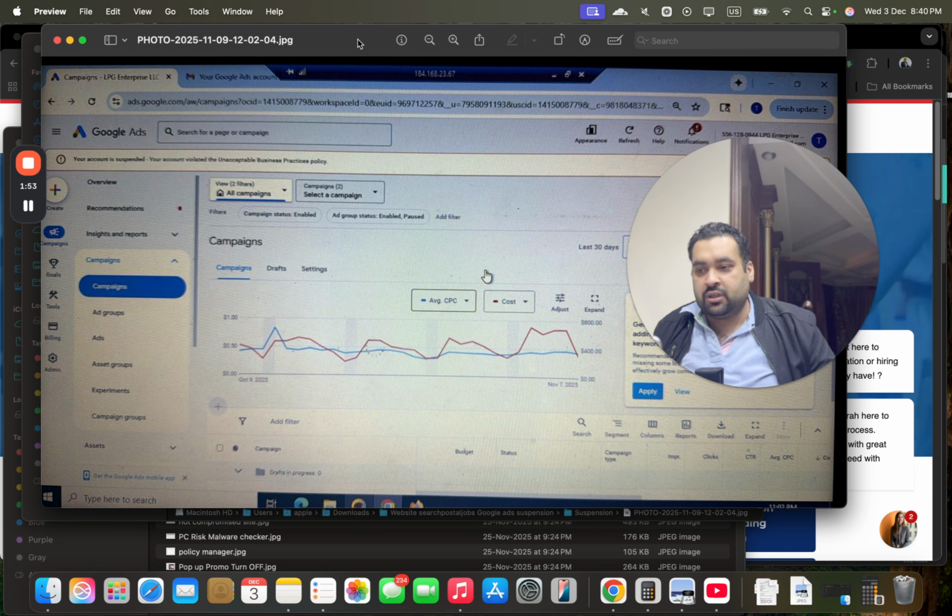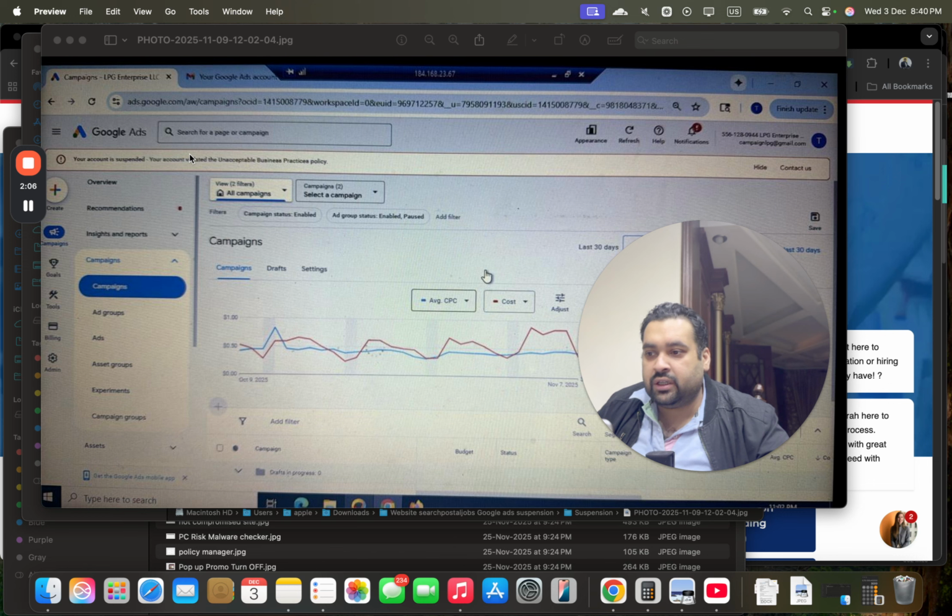When a client gets a suspension, they cannot perform any action on the account, unfortunately. This policy has been changed in the last few months. So you can see over here, your account is suspended, your account violated the unacceptable business practice policy. You can verify the customer ID as well.